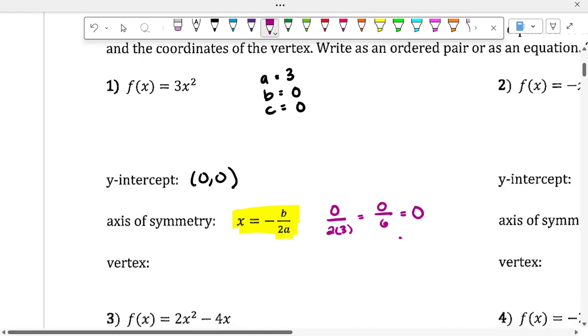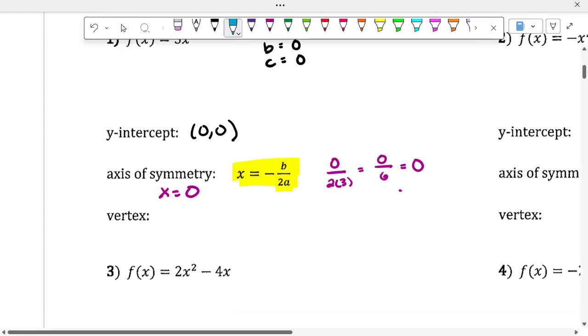So how would I write my axis of symmetry? X equals 0. Don't forget that x equals. And remember, not only is that the axis of symmetry, that's the x value of the vertex. All right. So how do I find the y value of the vertex? Who remembers?